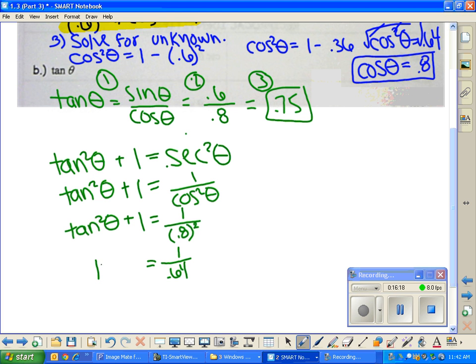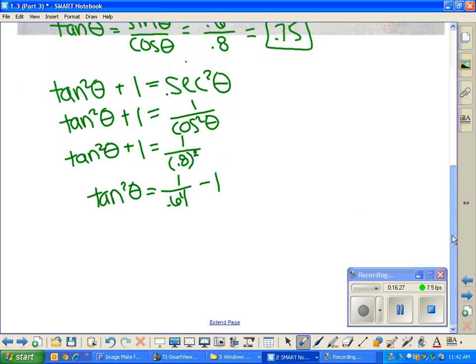And then you could subtract 1 from both sides. Can someone do this in their calculator? What is point what? 0.565. Okay. So it's about that, but we're not quite done yet.